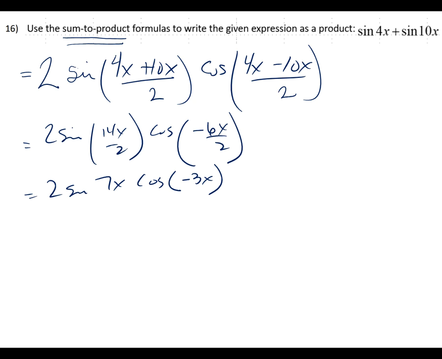Now, that may be the answer, but I doubt it because of the negative on the inside. So this is where you've got to use your green sheet, or on your sheet, even-odd identities. This comes from the even-odds. Okay? So on the cosine, does the negative move out front or does it disappear? Disappear. So I've got 2 sine 7x cosine 3x.